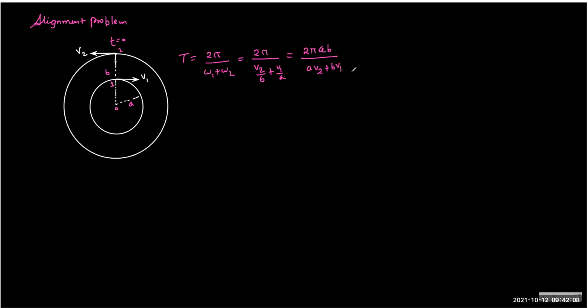So I hope this is your answer. Yes, sir. So the alignment problem is a very common problem, and so we'll see the three particle alignment. Now this is the two particle. This is the question actually.